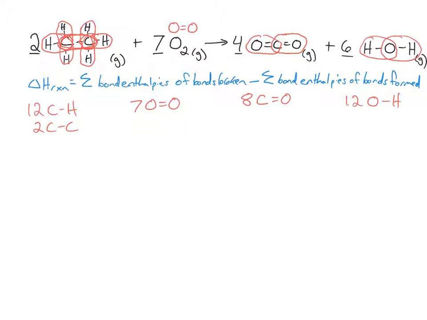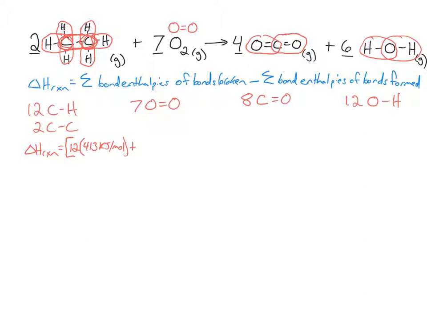Now we can plug these into our formula, where we're looking for delta H of the reaction, and we're going to take all the sum of the bond enthalpies of the bonds broken. So we just start and say, okay, well, we'll start with carbon-hydrogen, where we have 12 of those. We look up on our table the bond enthalpy of a carbon-hydrogen single bond, and that is 413 kilojoules per mole.